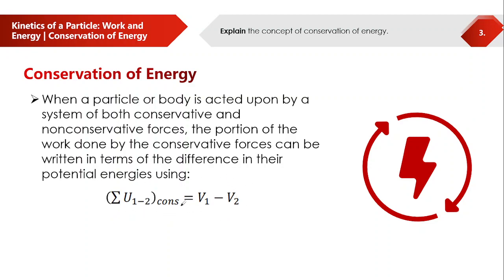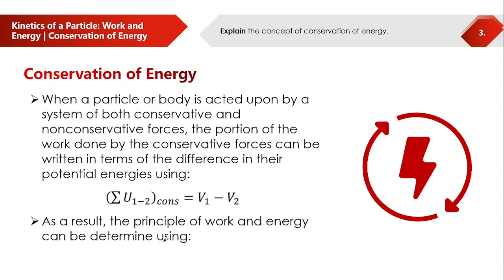So, the summation of all the work done by the conservative forces equals V sub 1 minus V sub 2. Alam natin to. So as a result, the principle of work and energy can be determined using this one.